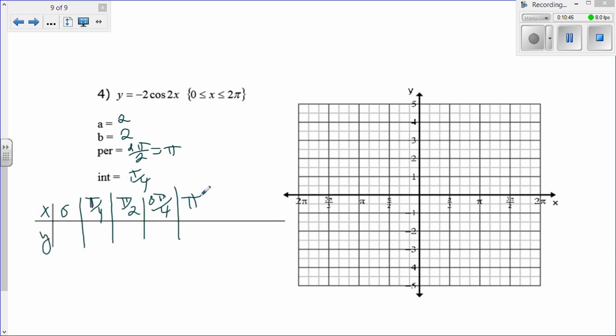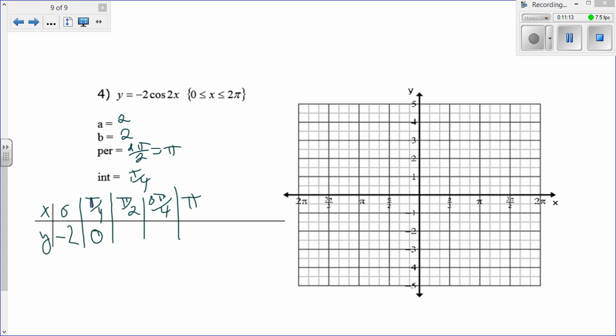So 0. 2 times 0 is 0. The cosine of 0 is 1. Times negative 2 is negative 2. Pi over 4 is 45. So 2 times 45 is 90. Cosine of 90 is 0. Times negative 2 is 0. Pi over 2 is 90. Times 2 is 180. The cosine of 180 is negative 1.